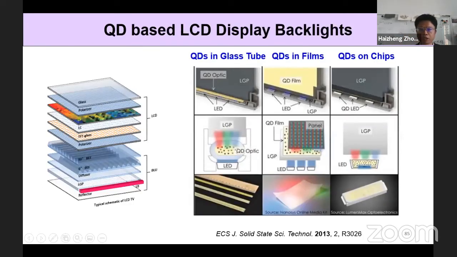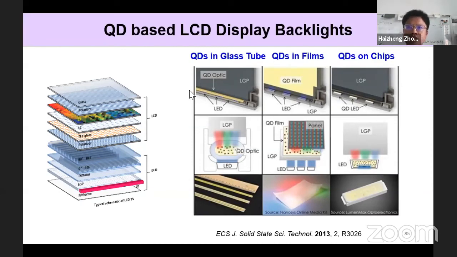So now I would like to shift to another story. It's about QD-based LCD display backlights. LCD is the most popular product for display applications, and the color quality is determined mainly by the backlights.